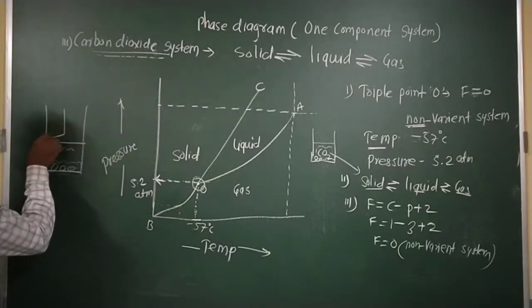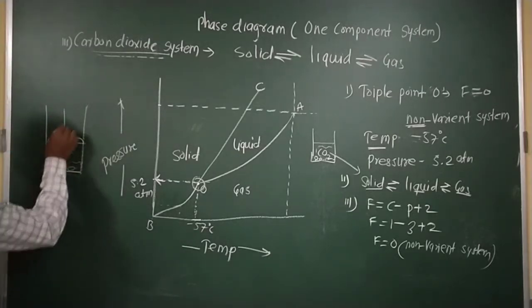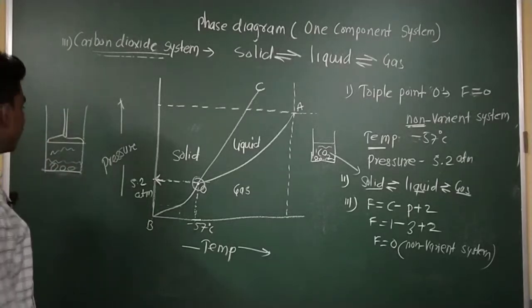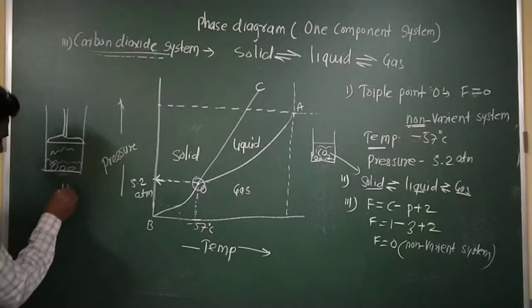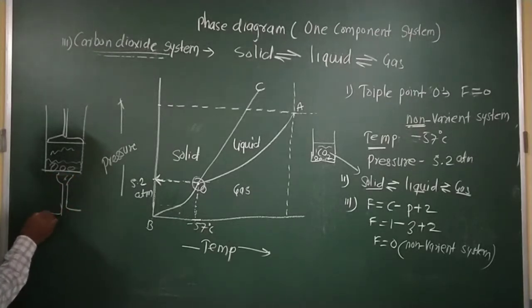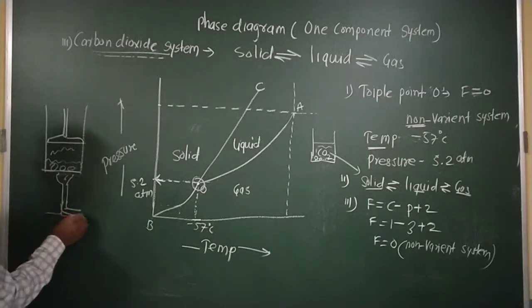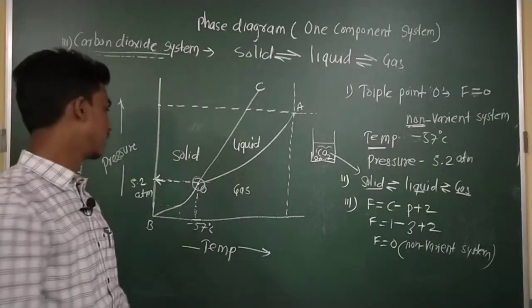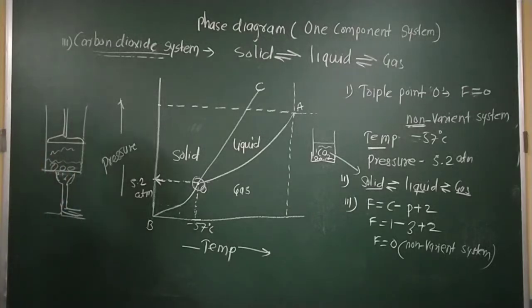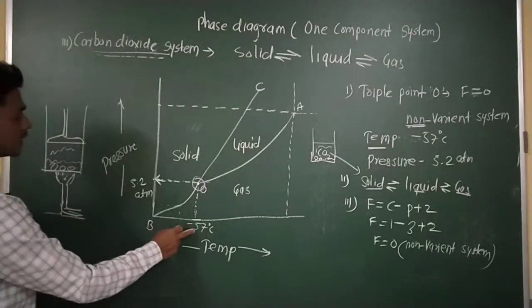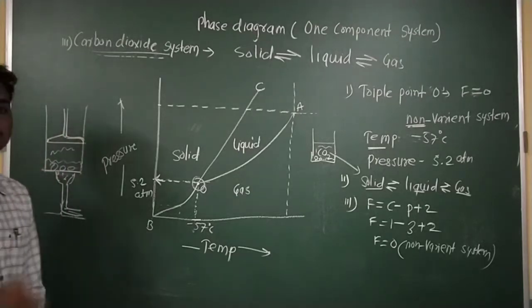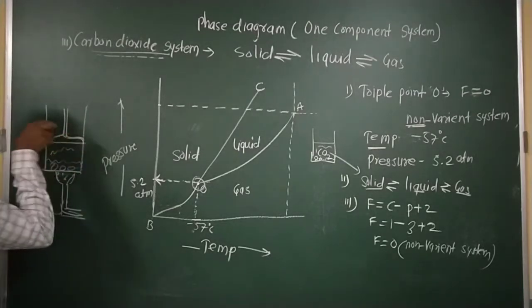Suppose this is the piston, and the piston is here and I am heating the beaker. This is the burner. Sorry, the drawing is not good, but consider this is the burner. So when I increase the temperature and maintain the pressure of the system constant, that means I am not changing the pressure.